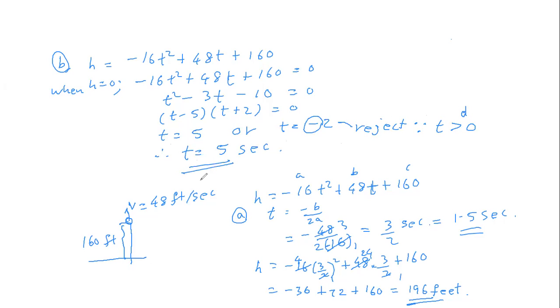This is the answer to part B. That means it takes a total of 5 seconds from the beginning to hit the ground. Right? Okay, let's move to the next slide. I'm going to clear this.